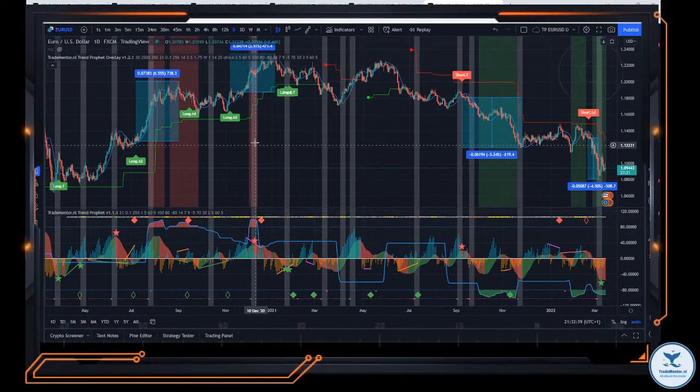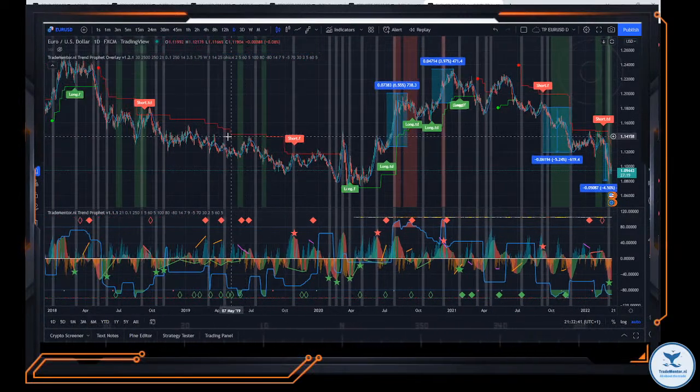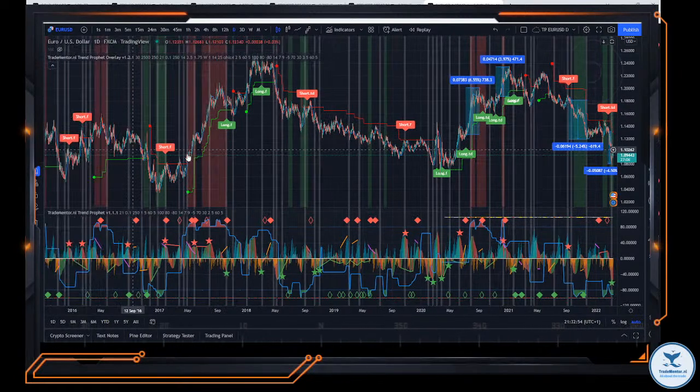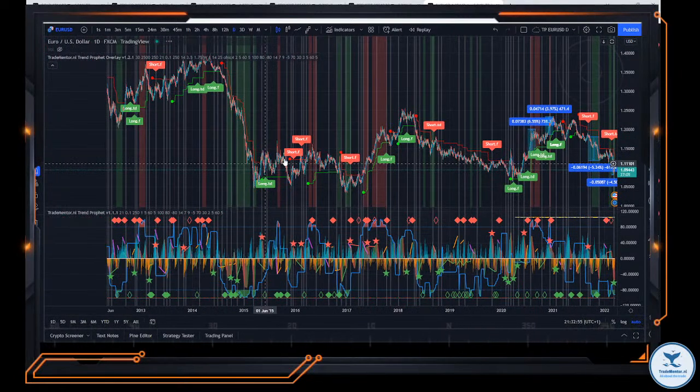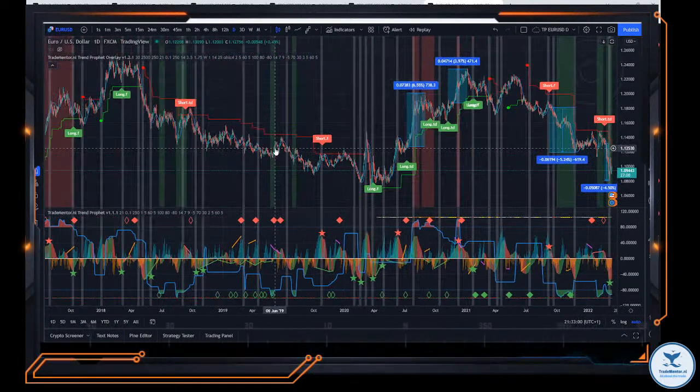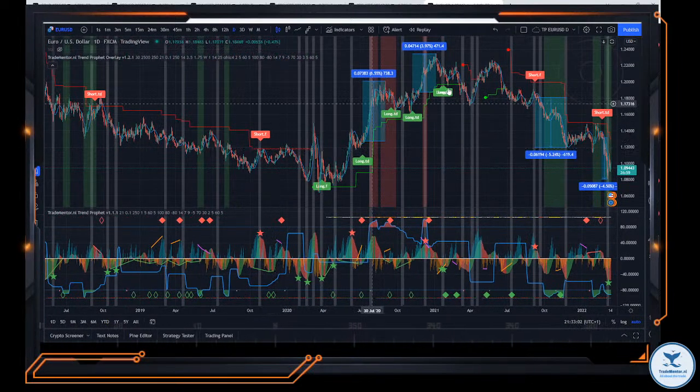So yeah, it definitely needs some tweaking, but lovely short, great long, failed long. This short was okay. I think it worked out pretty nicely. So it needs some fine tuning. I might fine tune this one in the next live stream about this indicator, where we just look at charts and fine tune the flags.